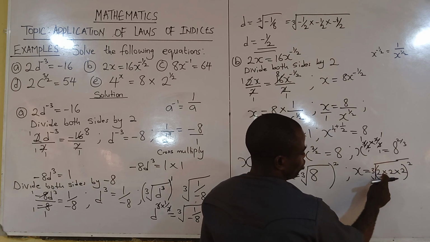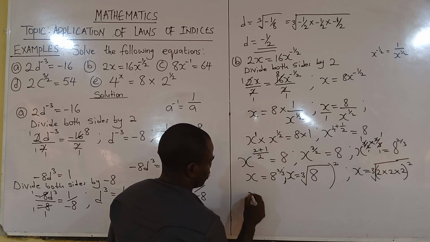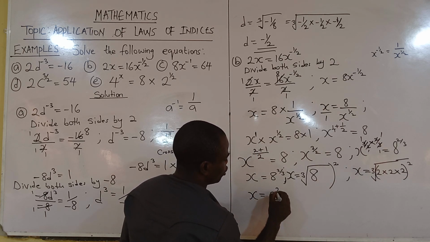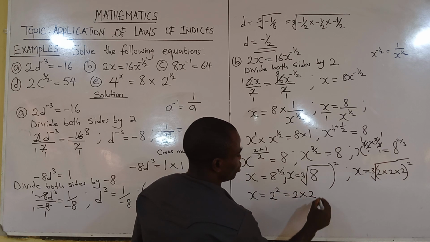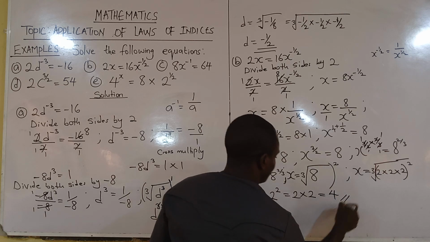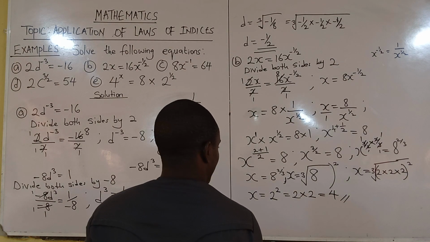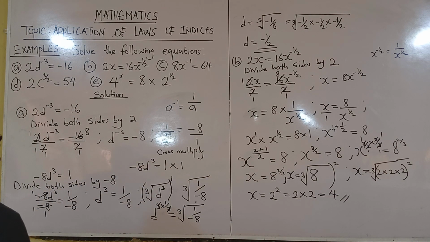When you are removing the cube root, you pick 1, 2. You have x equals 2 raised to the power 2, which is 2 times 2, which is 4. Okay, now let's go to the next question, which is C.